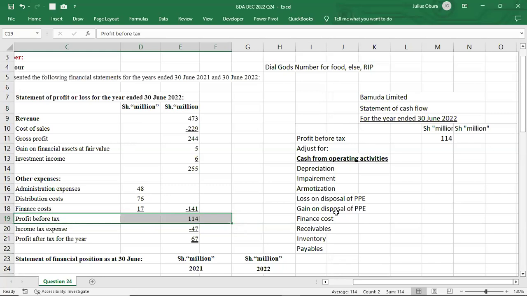But it has to be in exclusion of, number 1, cost of sales, number 2, administrative expenses, and number 3, distribution expenses. So anything from profit before tax going upwards that is not distribution expenses, not admin expenses, not cost of sales, we will as well adjust for it here.